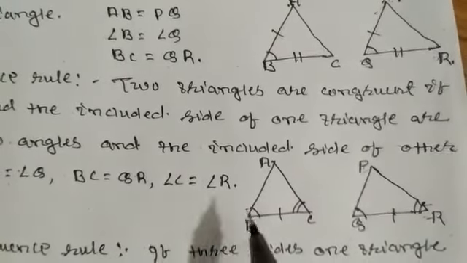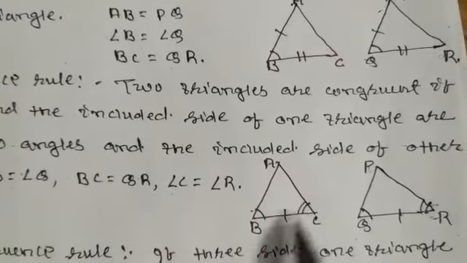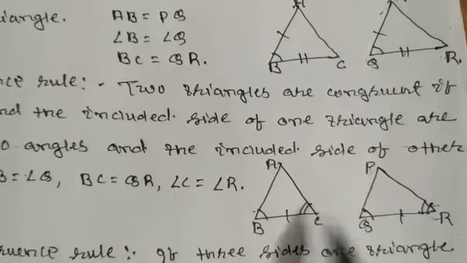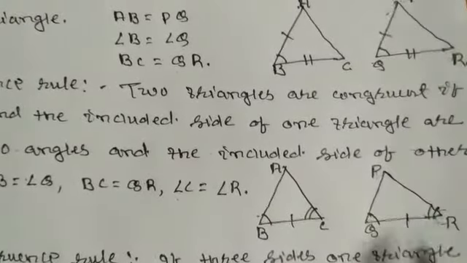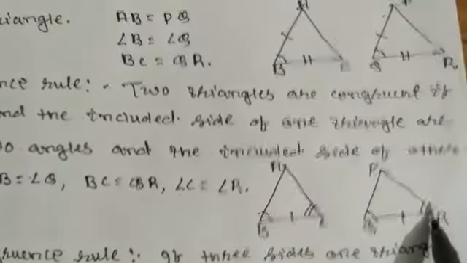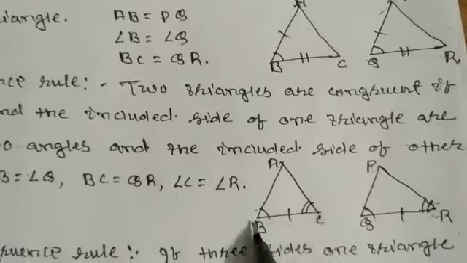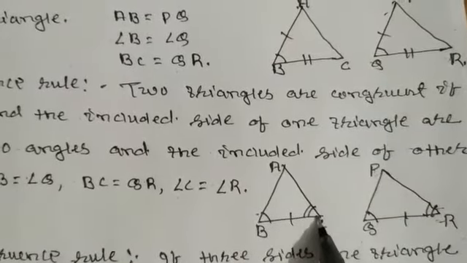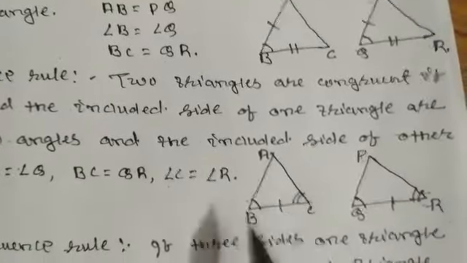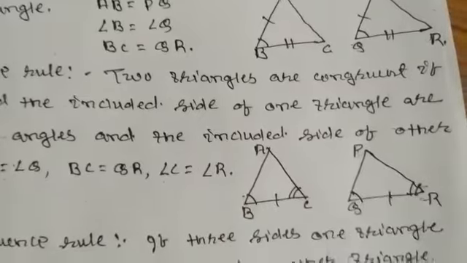In these triangles, we see that angle B is equal to angle Q. Similarly, side BC is equal to side QR and angle C is equal to angle R. So here you can observe that two angles of both triangles are equal, and the included side between the two equal angles is also equal in both triangles. In such circumstances, these two triangles are said to be congruent.